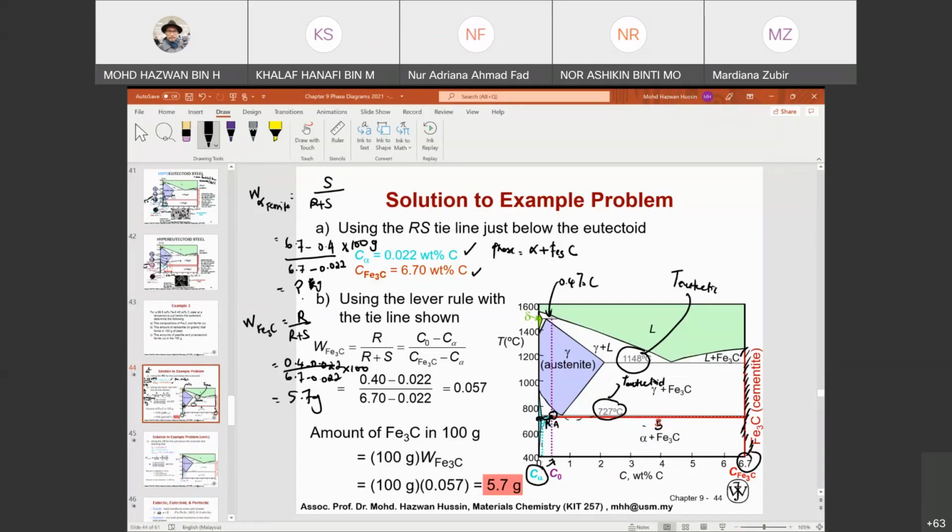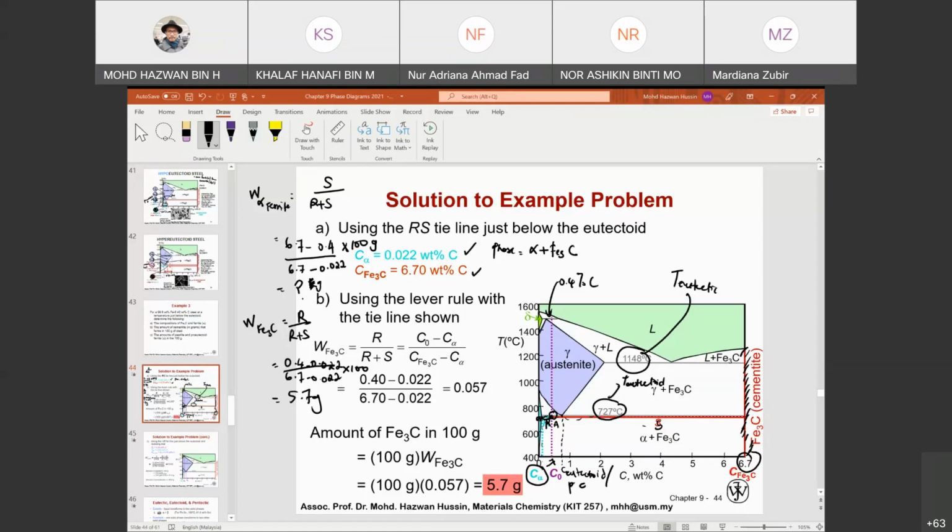Okay, so if you recap back what I have said just now, perlite is forming at composition of eutectoid. Perlite ni dia terbentuk pada composition eutectoid. This is composition eutectoid. Nampak ni? Bentuk dia punya bucu ujung ni kan? So this is composition of eutectoid, or this can be referred to as perlite.